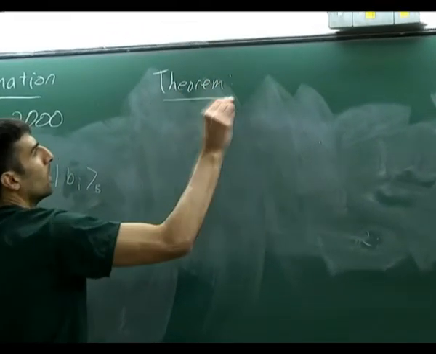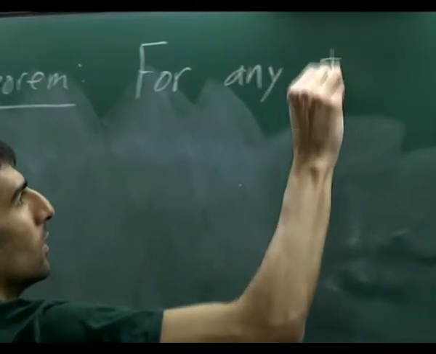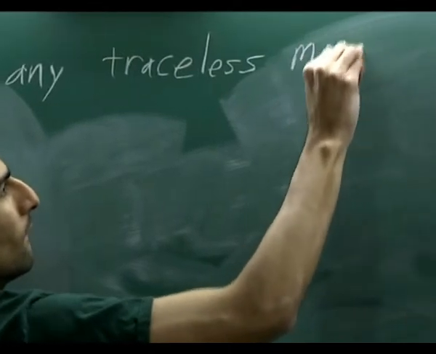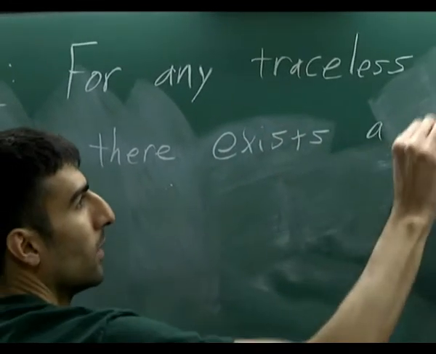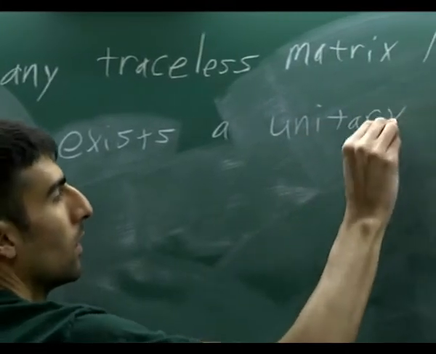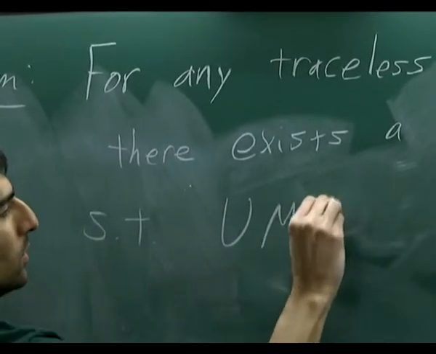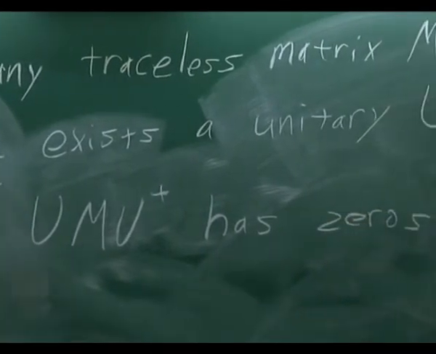The theorem is that for any traceless matrix M, that's a square matrix, there exists a unitary U such that U dagger M U has zeros along the diagonal.